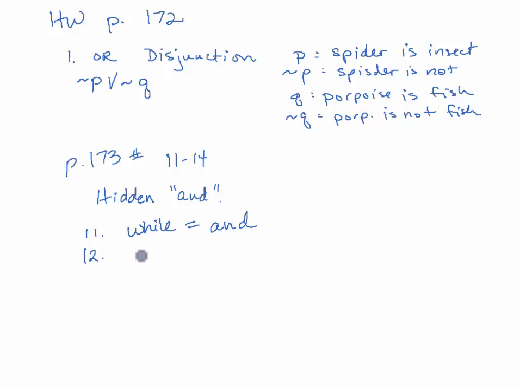That one's obviously got an and in it. 13, 5 plus 3 is 8, but 5 times 3 is 15. But is the same as and for our purposes. 14, Venus is a star, semicolon, the sun is a planet. Semicolon is also an and. Okay, so keep those in mind when you're working on those.